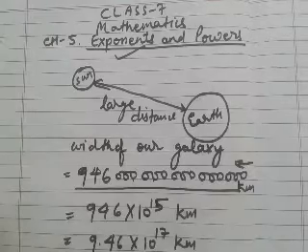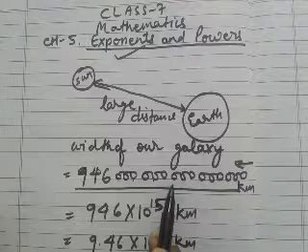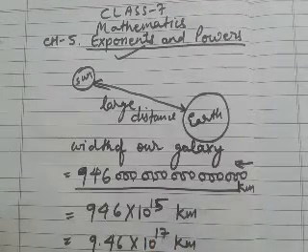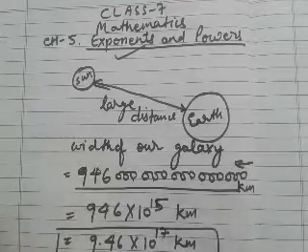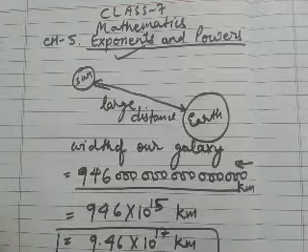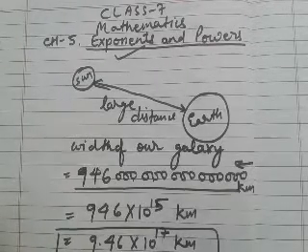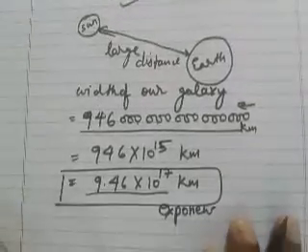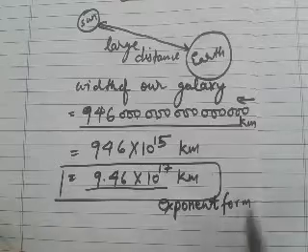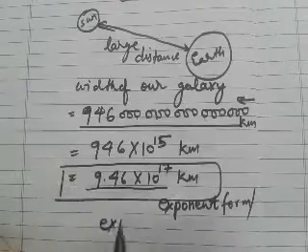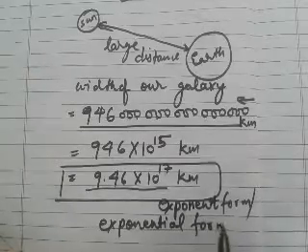To express a large number in a brief or short form is called exponent form of the number, or we can say exponential form.